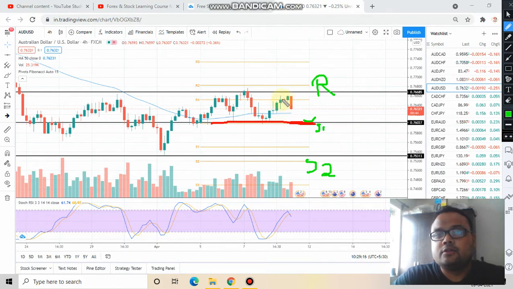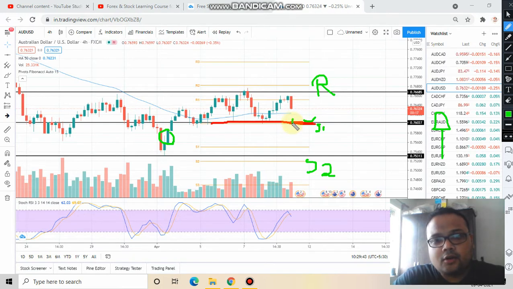When market comes down and reaches the first support, observe the price. If market bounces from here, buy above this support. How will you get the confirmation? You will get the confirmation in the form of a hammer, price rejection from below, or a green candle like this. Once you get the confirmation that market is about to reverse from here, buy here.